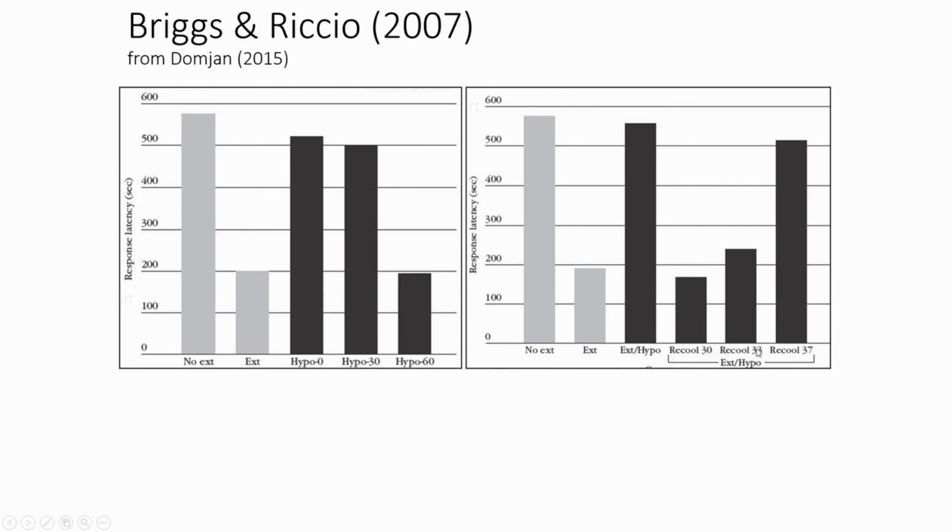And this group here, 33 degrees, a little bit warmer, they still went to the black side of the shuttle box. They remembered the extinction. It's just sort of a slightly higher response latency. It took them just a little bit longer. And then by the time they get back up to 37 degrees, that's pretty much the same as this group that wasn't recooled.